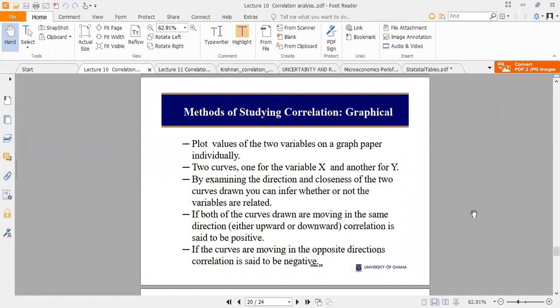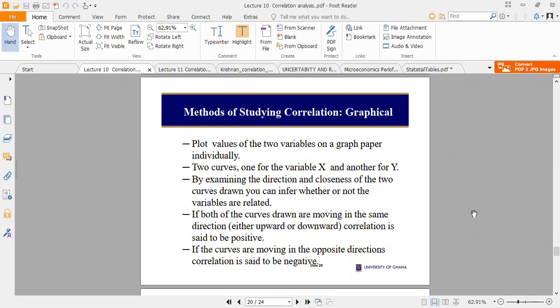And then we can use the graphical method, where we just draw a line through the X points and then a line through the Y points. We just use a line graph. After that, we'll look at how the two lines are moving. If the two lines are moving together, then we say that there's a positive correlation.